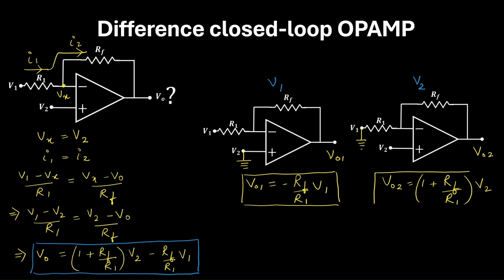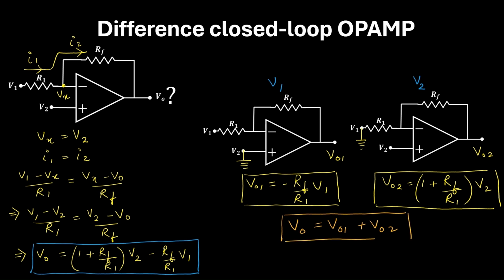So now you have got two outputs here. Next, the final output V0 will be the sum of V01 plus V02. Now if you substitute these two outputs, you can find that both the expressions are the same. So this is the shortcut.